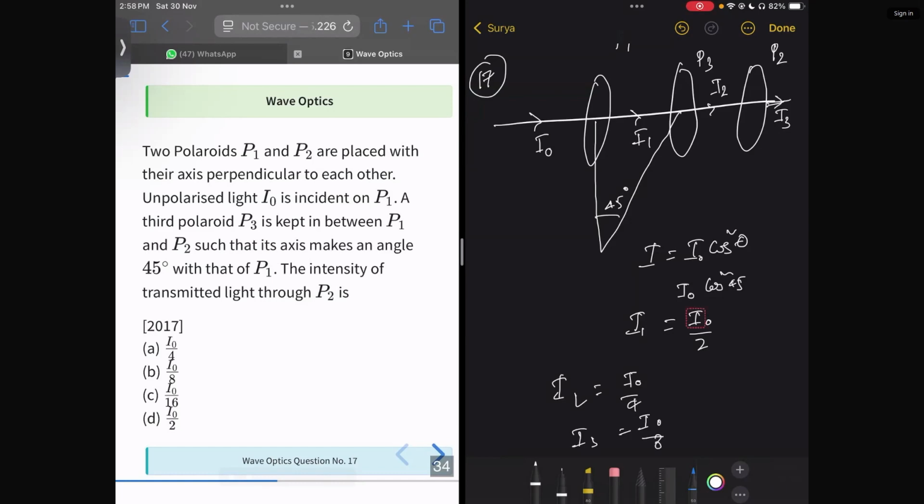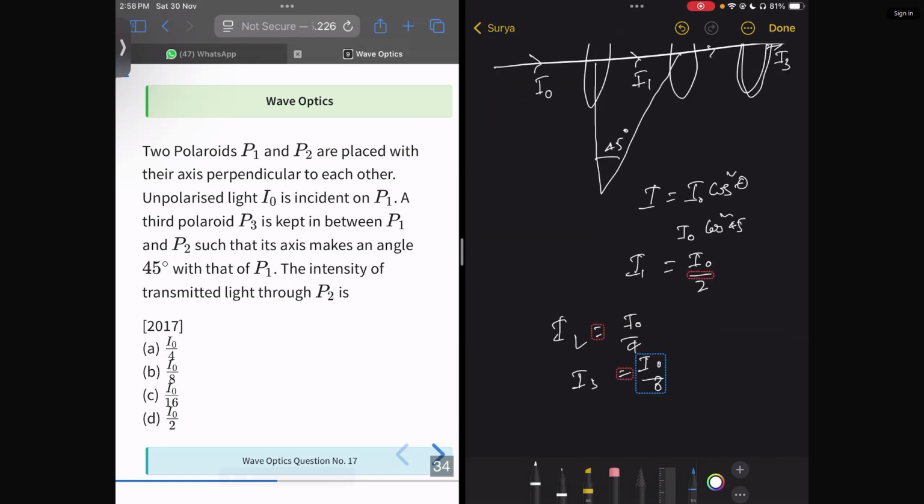So they are asking the intensity of transmitted light through P2, where the axis makes an angle of 45 degrees with P1. So I3 will be I0 by 8. So option B is the right answer.